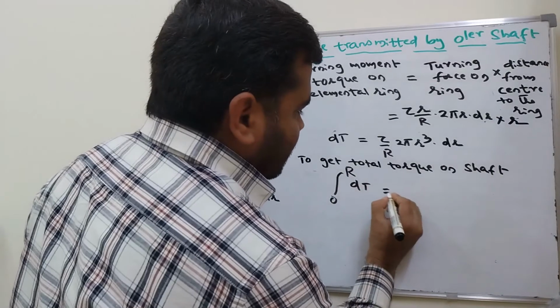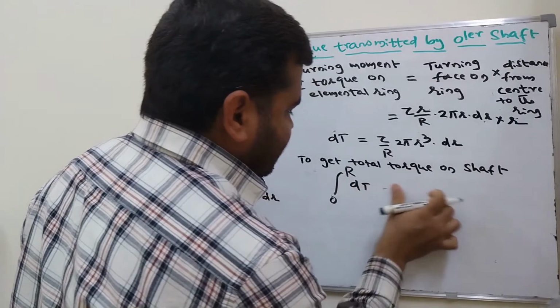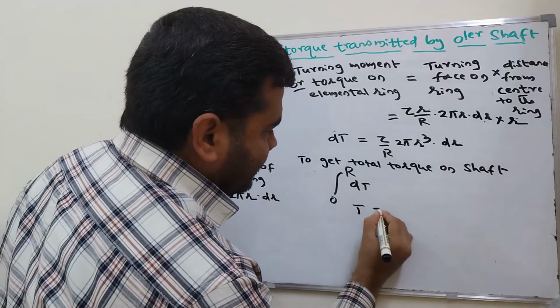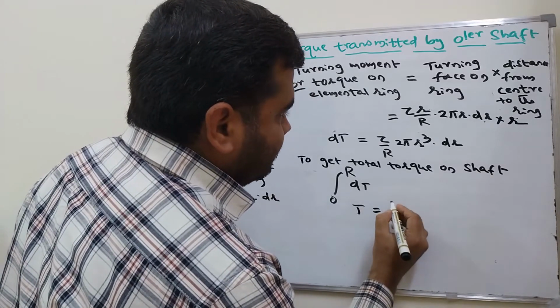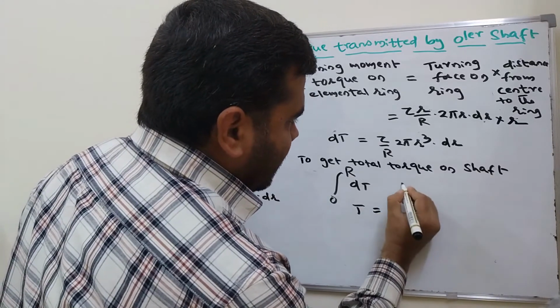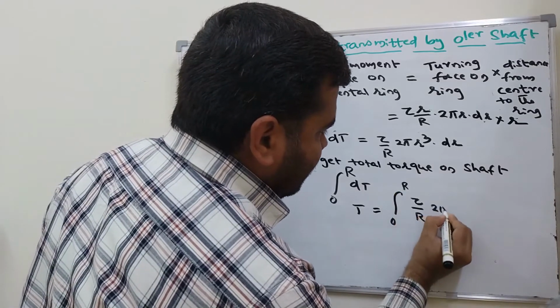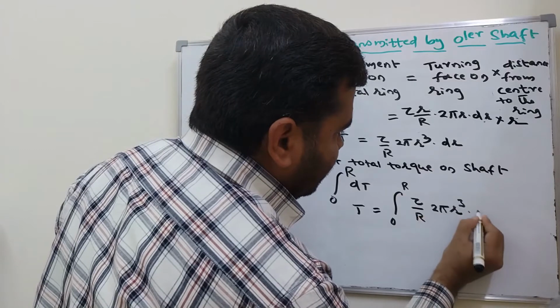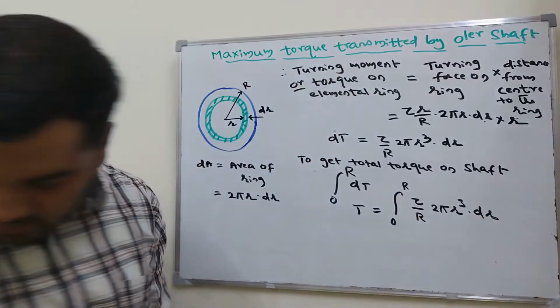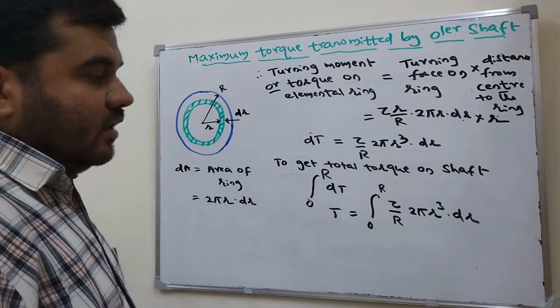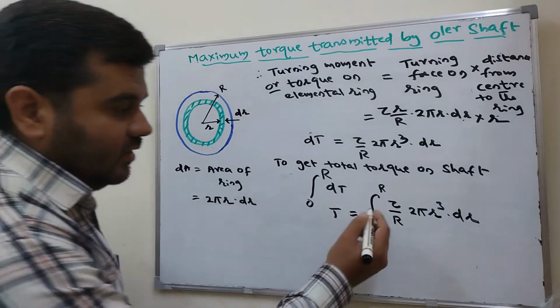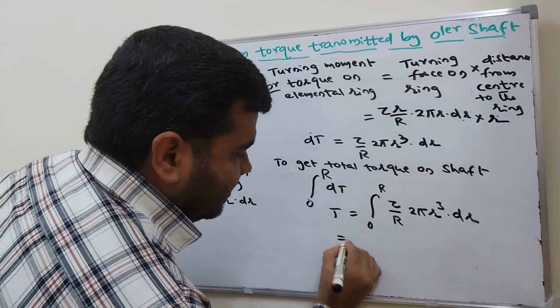This will be equal to T, that is T equal to the integration from 0 to R of tau by R, 2 pi r cube into dr here. Integrating the terms, we will get the answer.